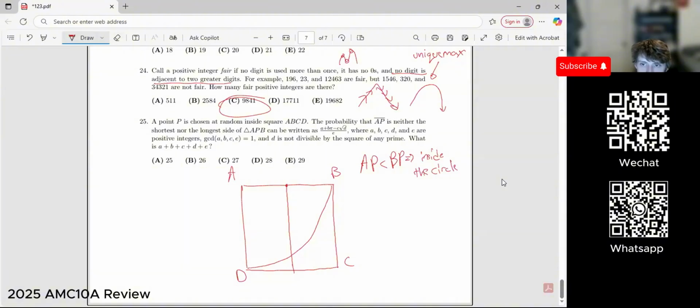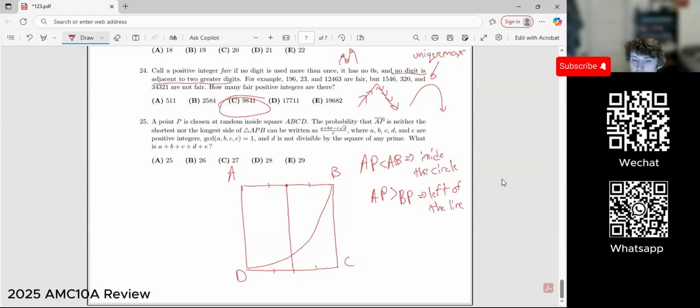Okay, and AP being longer than BP, sorry, let me get my thoughts straight. This should be AB, not BP. And that's the maximum size it could be. And AP larger than BP means that it's to the left of the line, if these are midpoints right here.